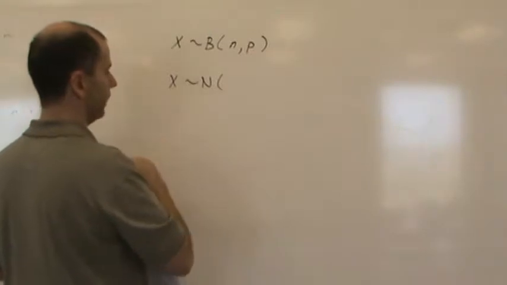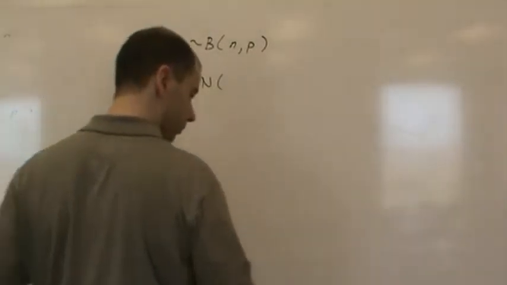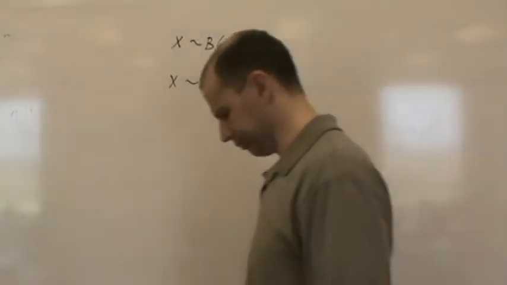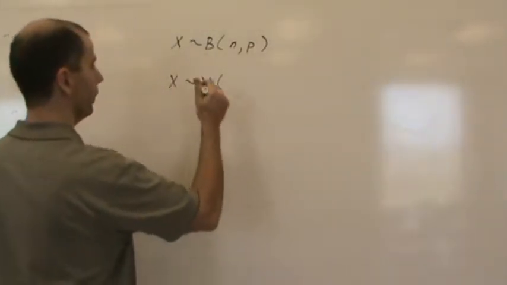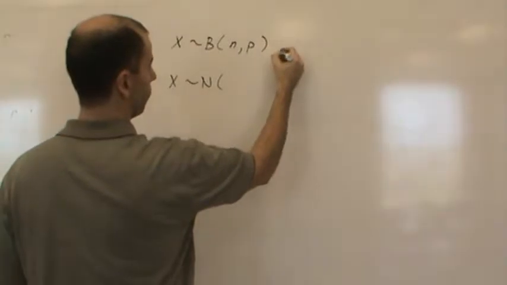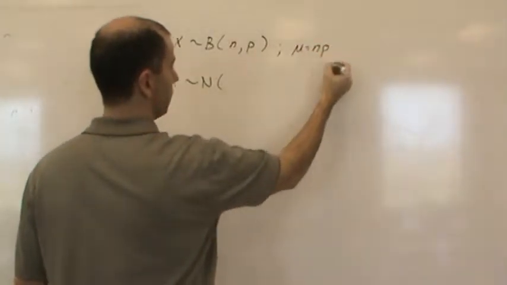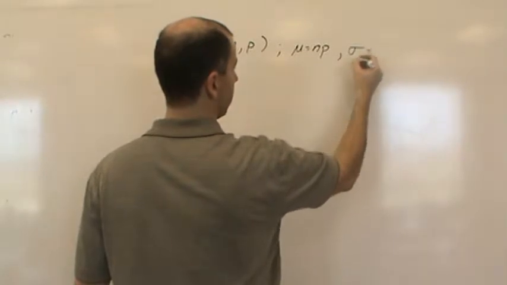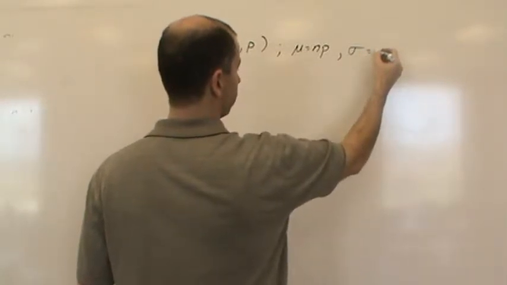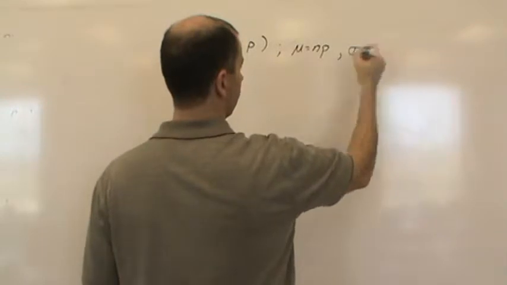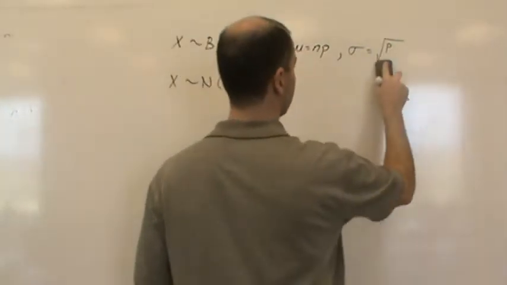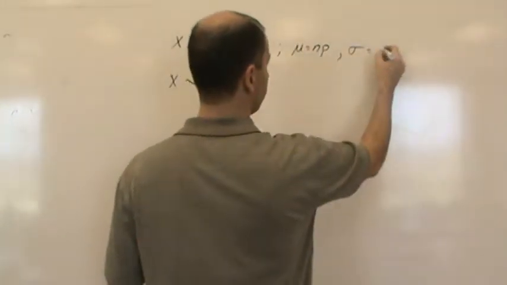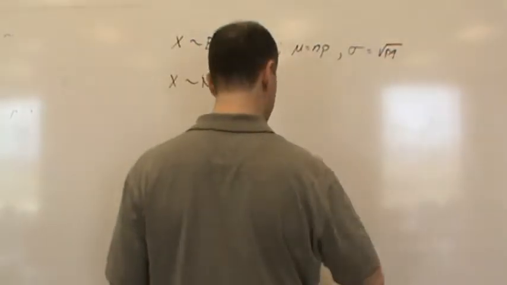Now what would be the mean and the standard deviation? Well, based on a binomial variable, we know that the mean is equal to n times p, and sigma is equal to the square root of n p q.